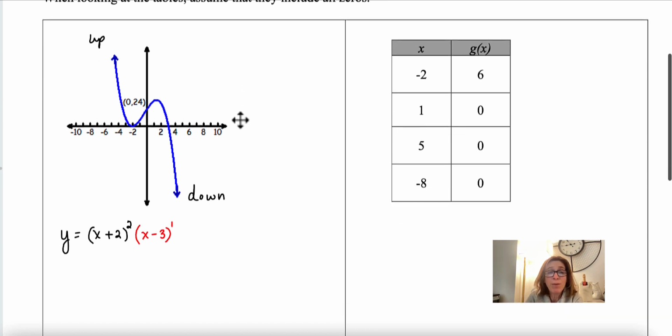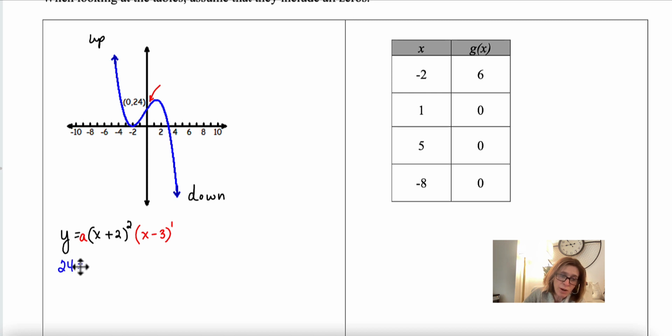Now remember, all of our functions have an a term. The a could be 1, but as we did with quadratics, you can use other information on the graph to find a. We're going to use the y-intercept point (0, 24) and plug it in to find a.